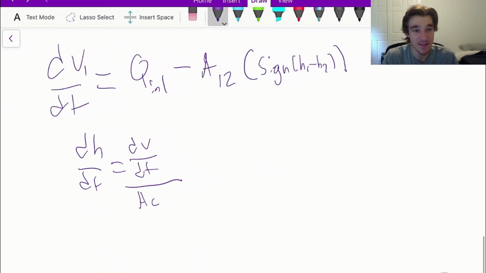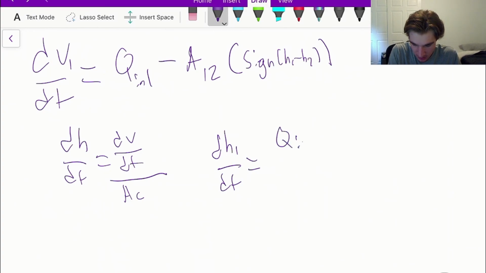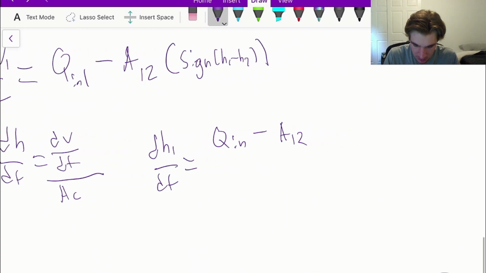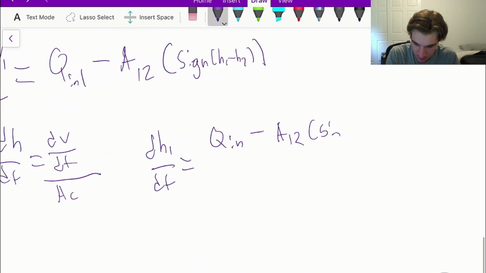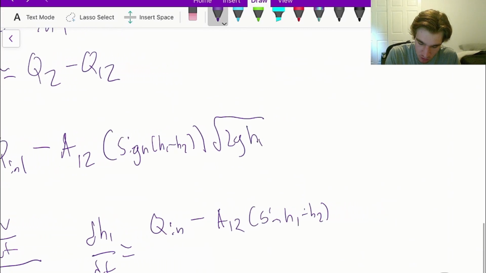So once we have that right there, dH1 over dt is going to be equal to Q in minus, I forgot to multiply by the square root of 2G times H1 minus H2, that's the absolute value.